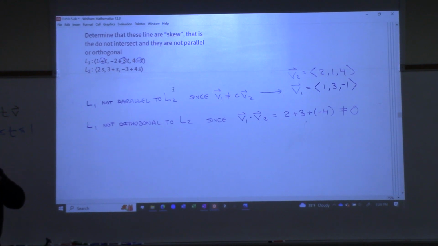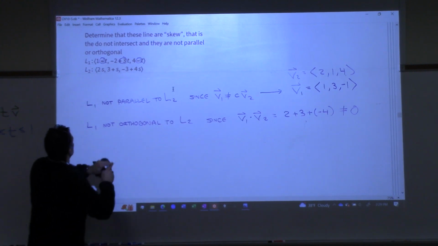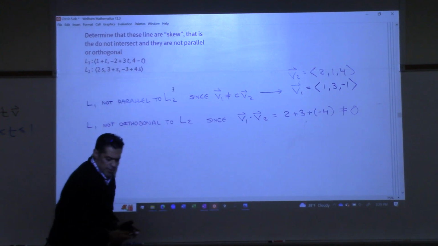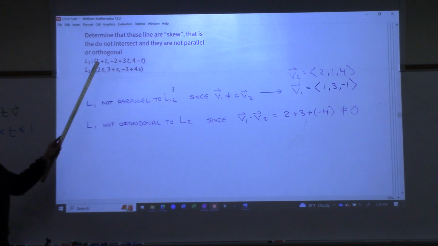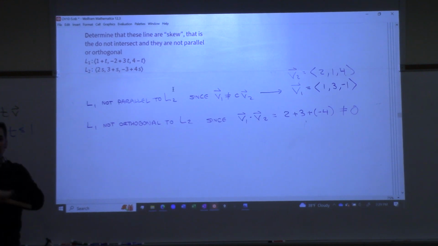Yes? I said we would set both the x components equal to each other, so 1 plus t equals 2s, and then solve to see if t equals s. Yeah. So this is correct. Look, if these lines hit each other, then they're going to have the same x, y, and z point.